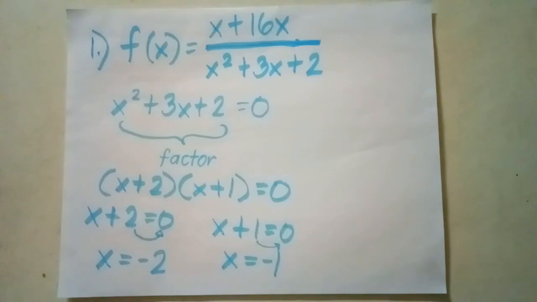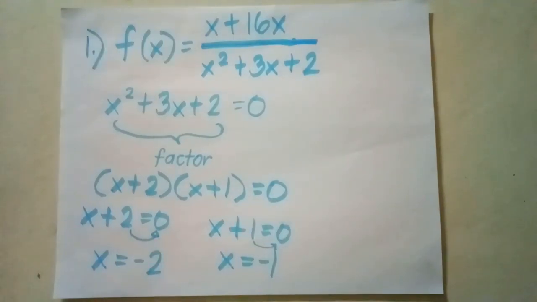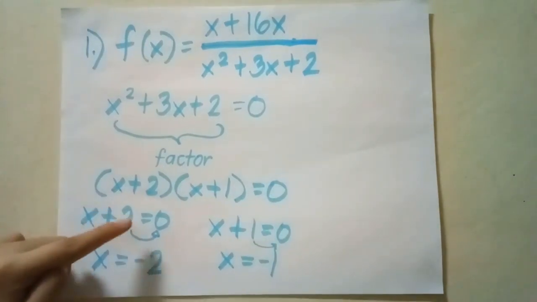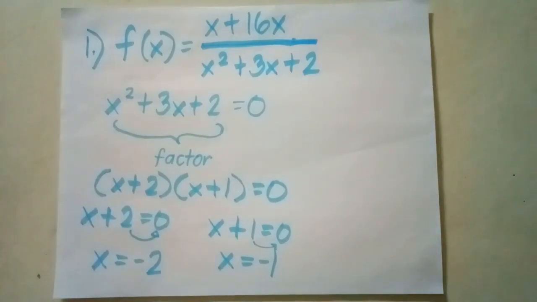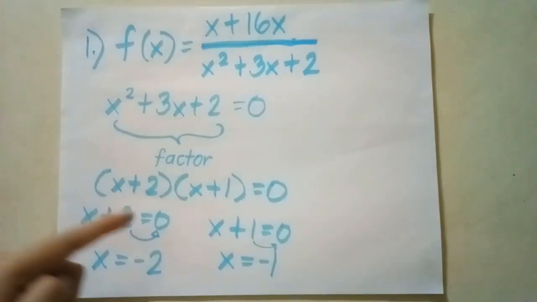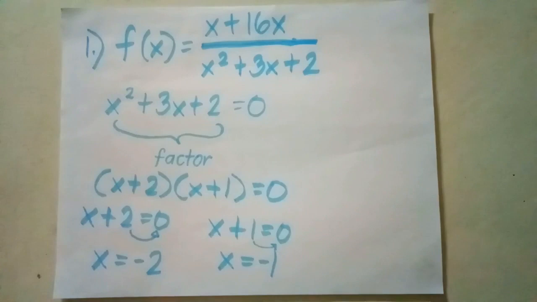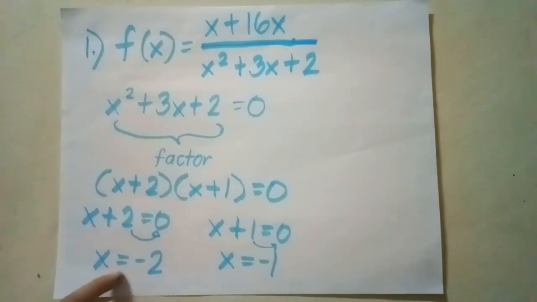After you find the factors of this expression, equate the factors to 0. So, x plus 2 equals 0, you need to transpose 2 to the right side. So, x equals negative 2.